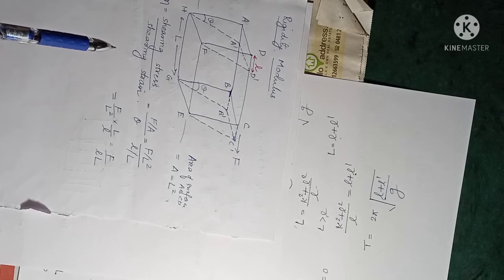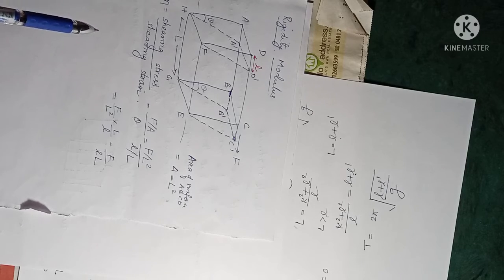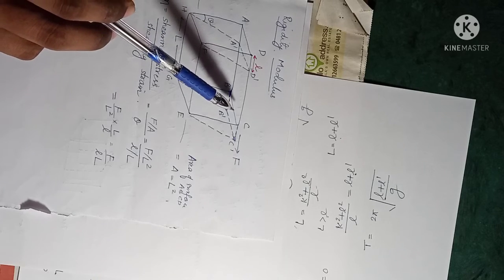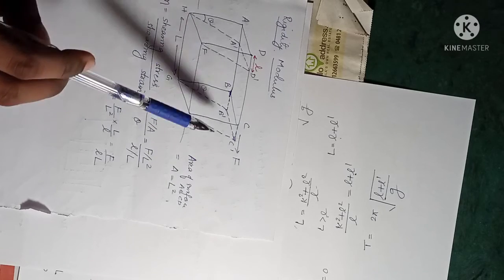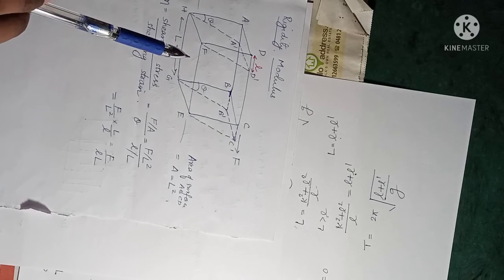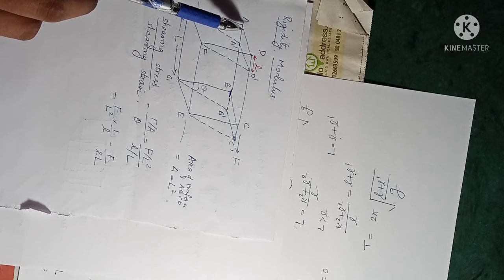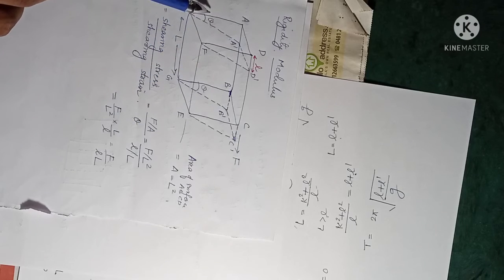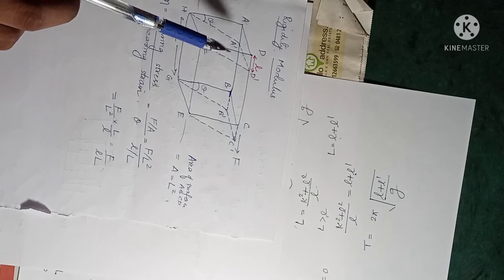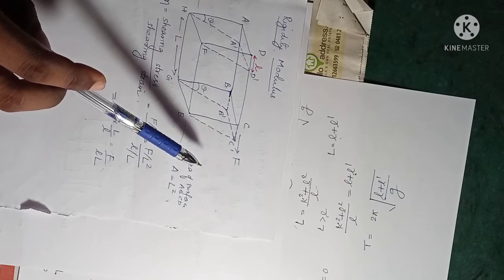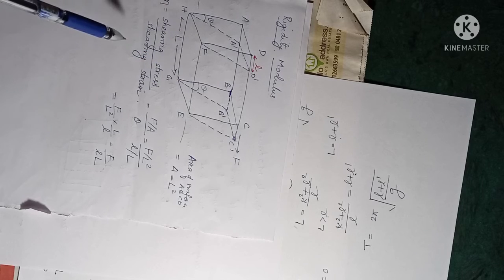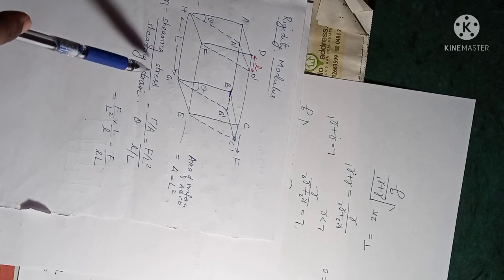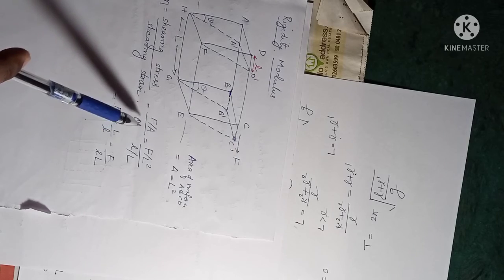These equal and opposite forces form a couple and this causes the rotation of the cube. We are applying a force here and the body is fixed on the lower surface, so it acts as a couple and this causes the rotation of the upper layers of the body by an angle theta. So this force acts as a shearing stress, which is force per unit area, causing a shearing strain theta. So the shearing stress is given by the tangential force per unit area.